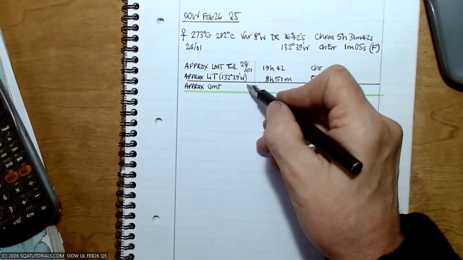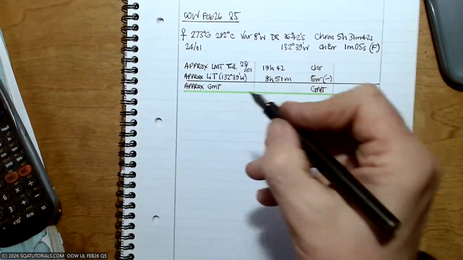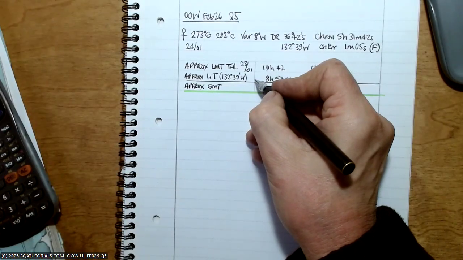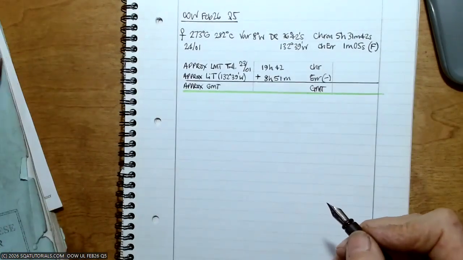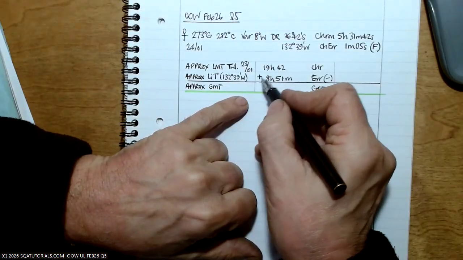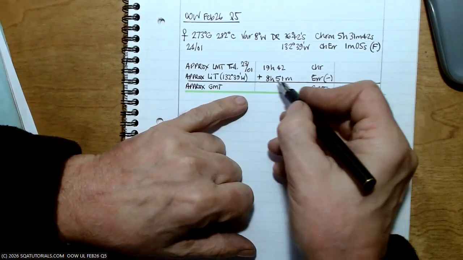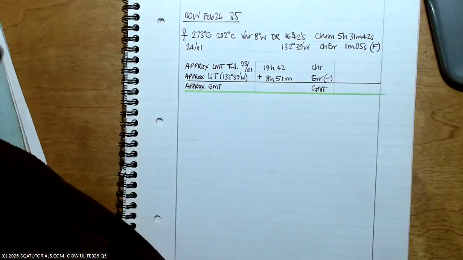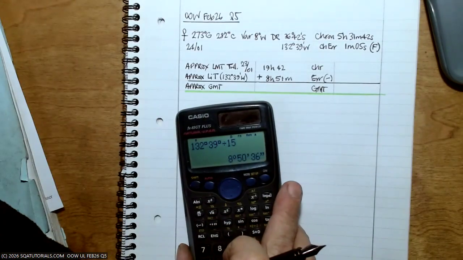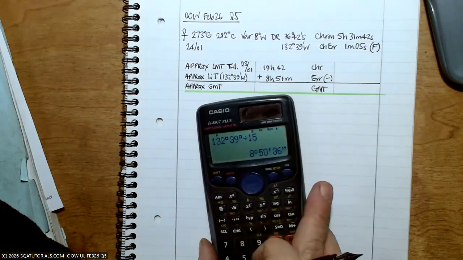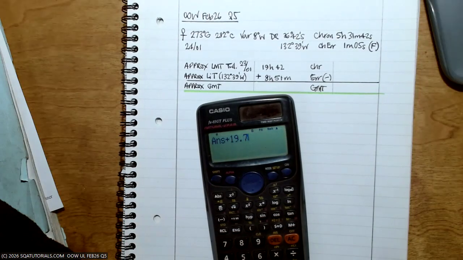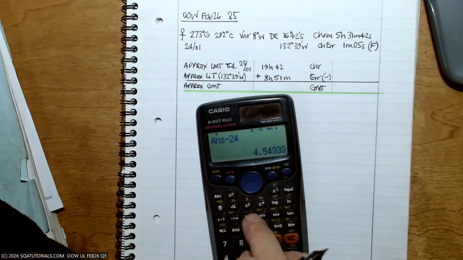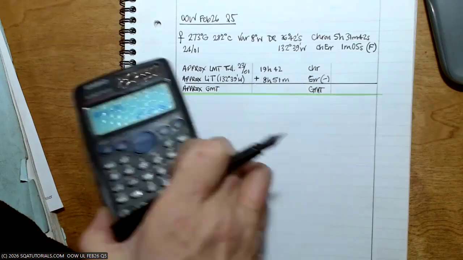Longitude west, Greenwich best, so we're going to add these two. I like to put the sign there to show what my intentions are. Let's take that and add 1942 onto that. Plus 19 plus 8 equals 28, minus 24. It's going to be 4 hours and 33 minutes.